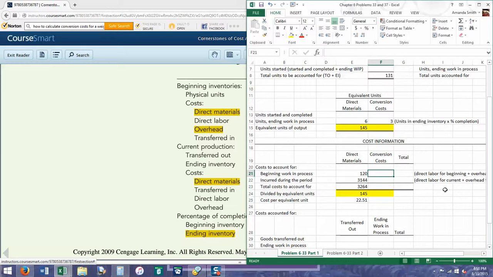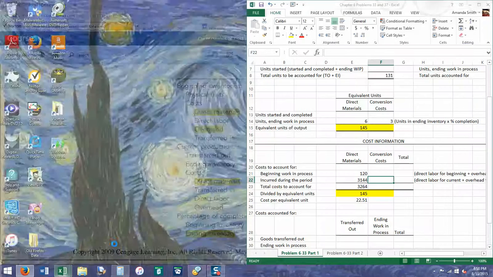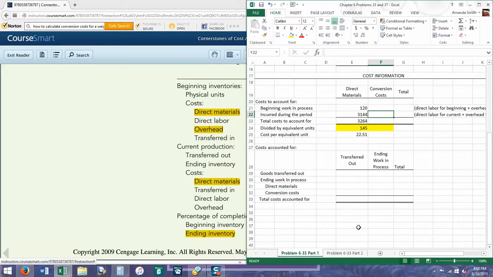For the incurred during period, you're going to follow the same procedure. You're going to calculate your overhead just like you did for the beginning inventory, and then you're going to add it to your direct labor cost. Same thing when it comes time to do the tableting department. Once you get that information, you can come down here.